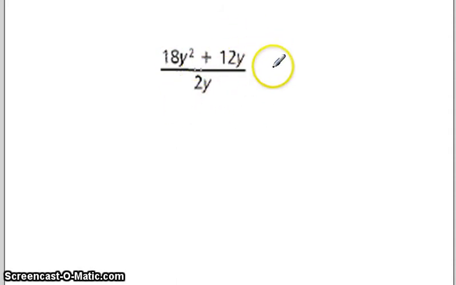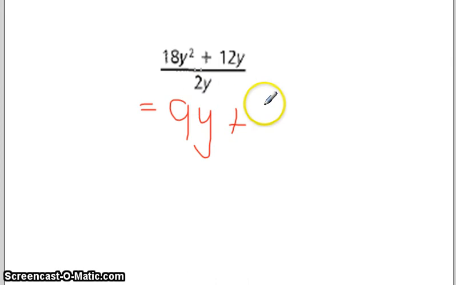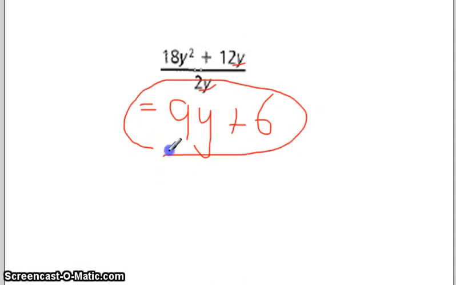Okay, if there's 3 terms, we divide each by the denominator. So this just works out to be 18 divided by 2, which gives me 9. Y squared divided by y, as you guys know, it's just y now. I'm left with 12 divided by 2, which gives me 6. And a y divided by y, well, in that case, they just cancel out. So I'm just left with 9y plus 6 in this example.